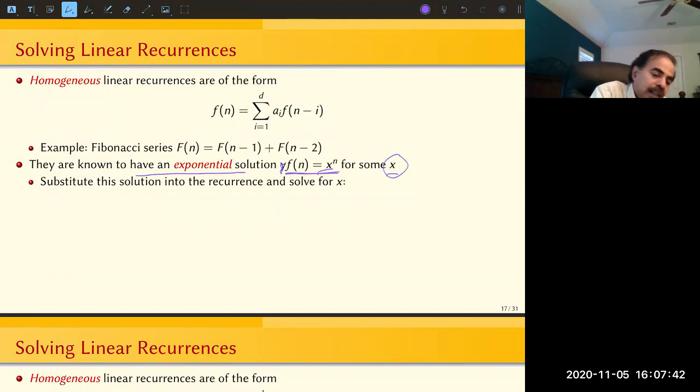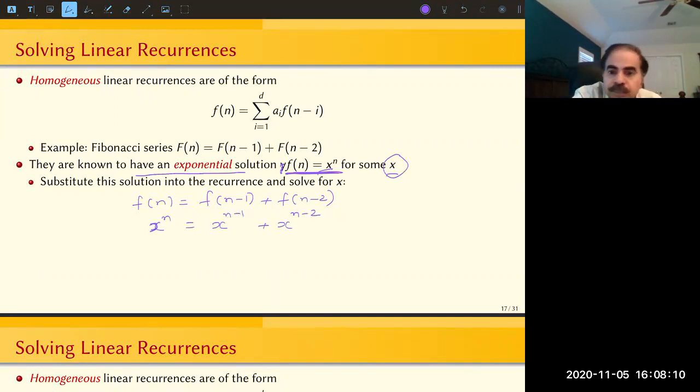We know that f of n equals f of n minus 1 plus f of n minus 2, and we have already said f of n is x to the power n. So we replace f of n by x to the power n, equals x to the power n minus 1 plus x to the power n minus 2.